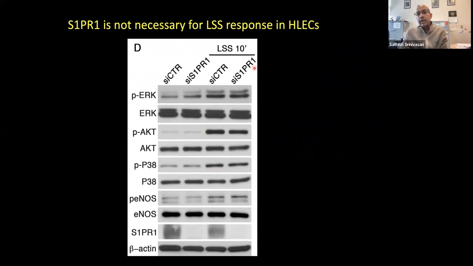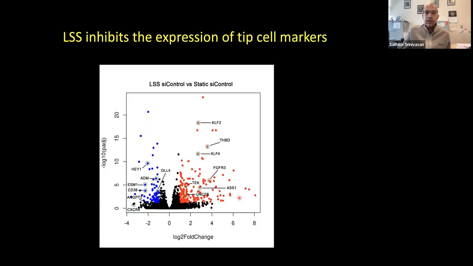And when we downregulate S1PR1 expression, we don't see any obvious reduction or increase, any change in any of the signaling cascades. So again, this is very surprising. It doesn't affect VEGF-C signaling, and it doesn't affect shear stress signaling.